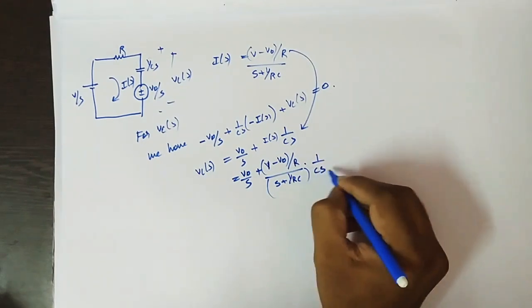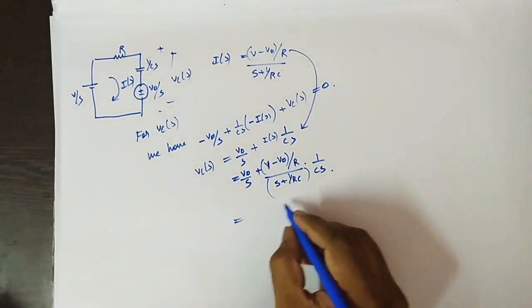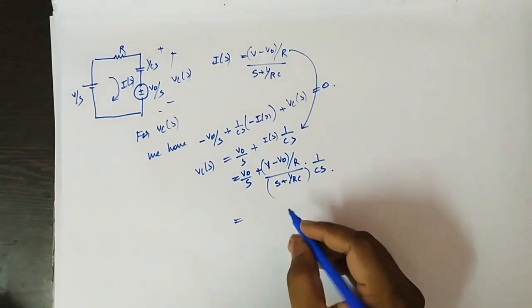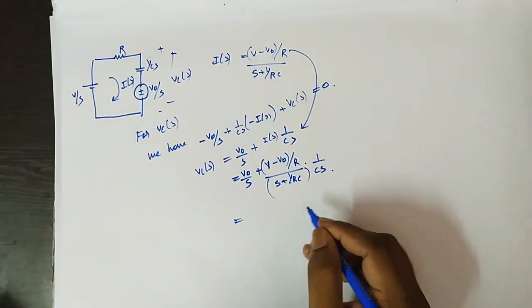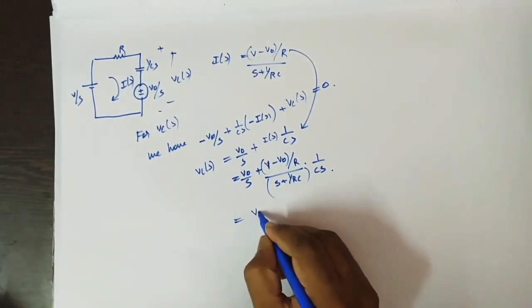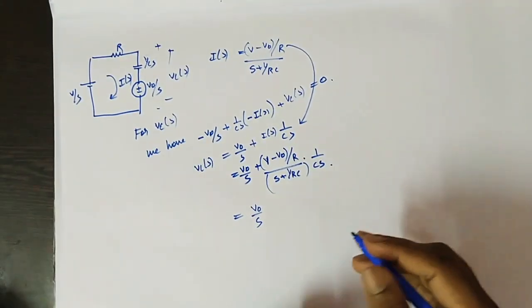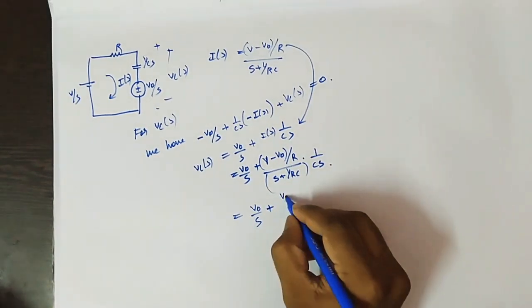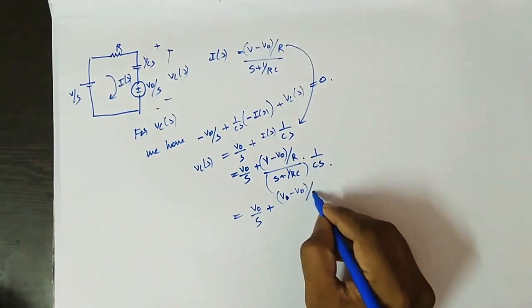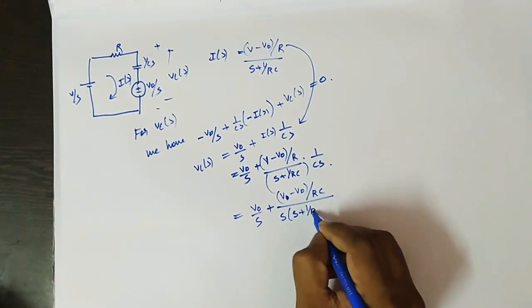One by Cs. So take the common term, take this LCM. So V naught by S and this can be represented as V minus V naught. So this C can be taken out of the top, and this is S into S plus 1 by RC.